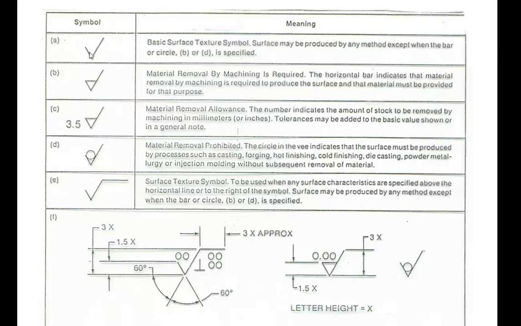If the symbol is in this format, then this means the finishing process has not been specified. It may be a plastic deformation process or a material cutting process. But if there is such a bar in the symbol, it says to finish the surface via cutting material. Material removal by machining is required.